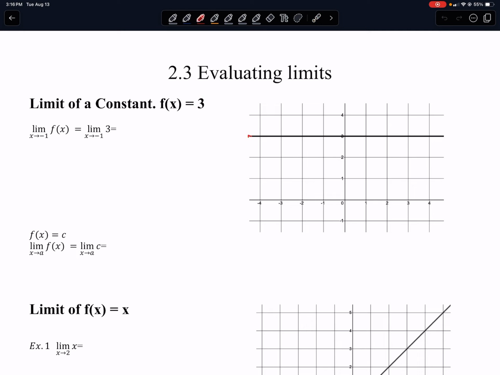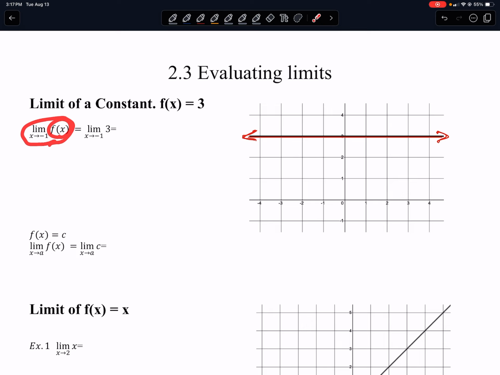So if you look at this, this function is constantly 3. No matter what you put for x, the y value is 3. Any x, the y value is 3. So they're constantly 3.